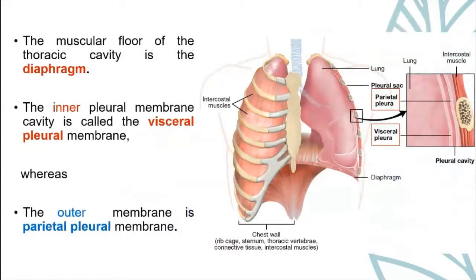Okay, so now we are going to look at the next structure, which is the diaphragm. The muscular floor of the thoracic cavity is the diaphragm. Earlier we looked at the pleural membrane.